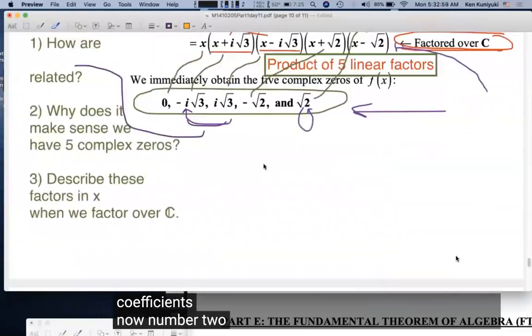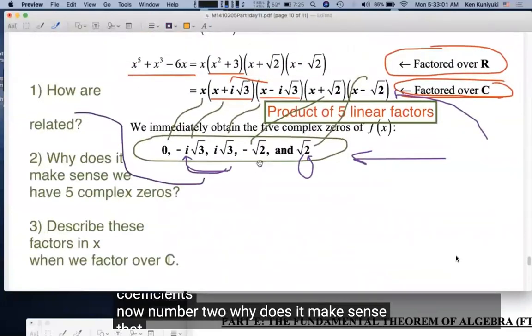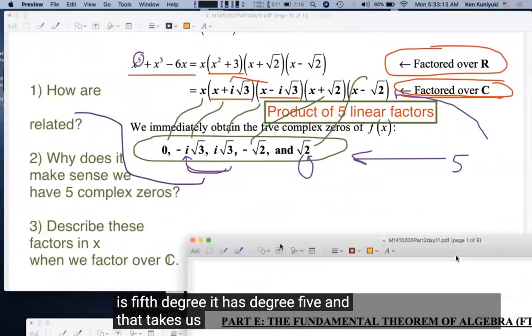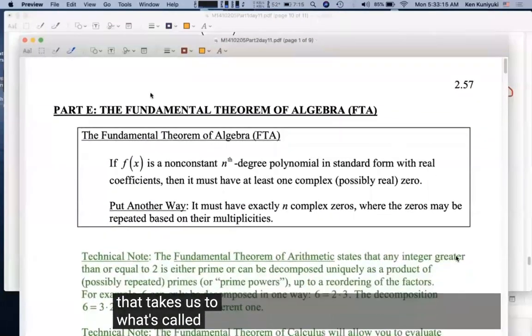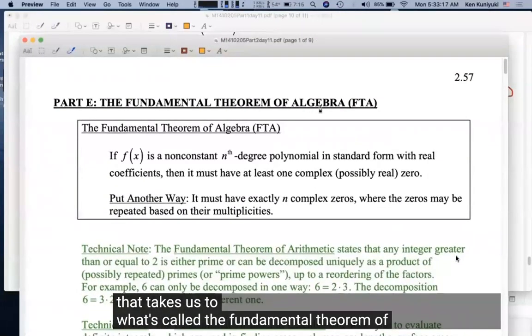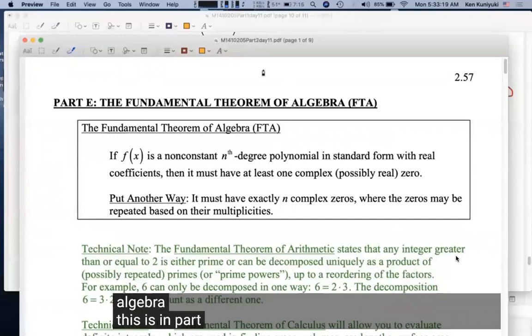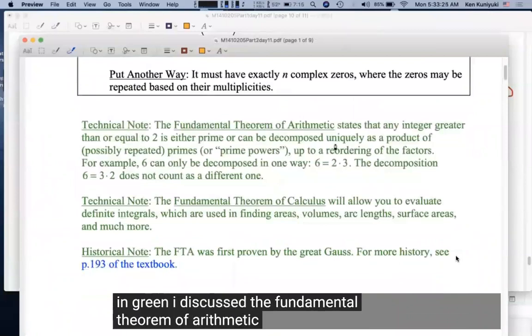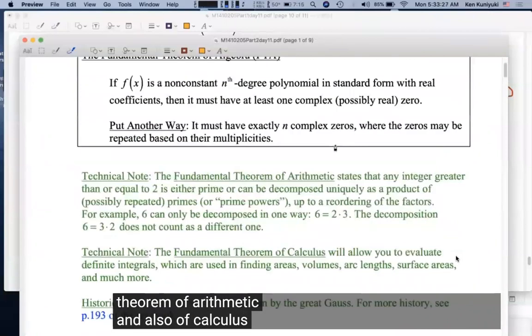Now, number 2, why does it make sense that we have 5 complex zeros? Well, it's because the original polynomial is 5th degree. It has degree 5. And that takes us to what's called the Fundamental Theorem of Algebra. This is in part 2 of my notes. By the way, in green, I discussed the Fundamental Theorem of Arithmetic and also of Calculus.